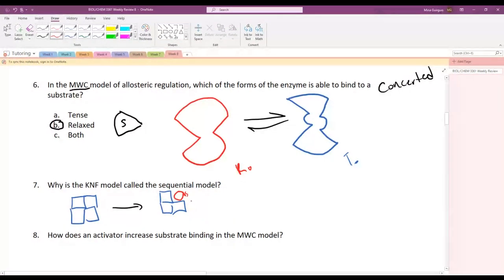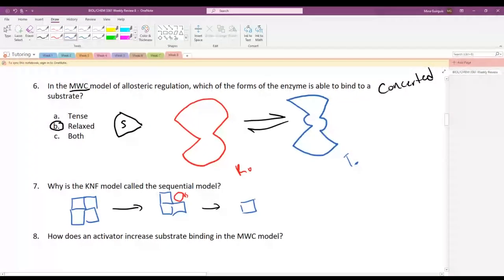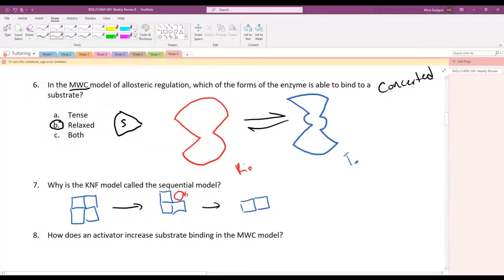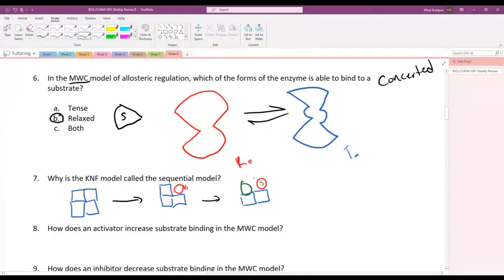The binding of the first subunit to a substrate causes a conformational change in the next subunit. So rather than getting one bound circle and 3 squares that don't want to bind, we're going to get one bound circle with an S and one unbound circle that wants to bind. Okay?